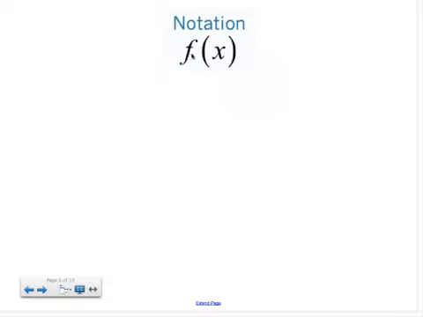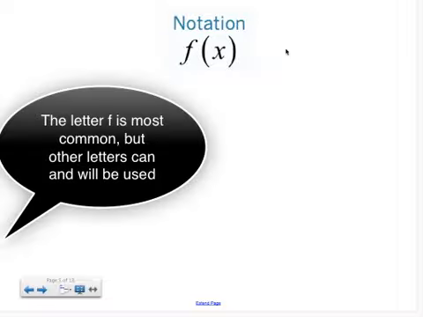Now, probably one of the most misunderstood things in the beginning of this course is the notation for functions. And it's unfortunate at times that we do this in mathematics, but we reuse symbols. So this is the notation for a function. Up till now, parentheses have always meant multiplication. In this context, parentheses do not mean multiplication.